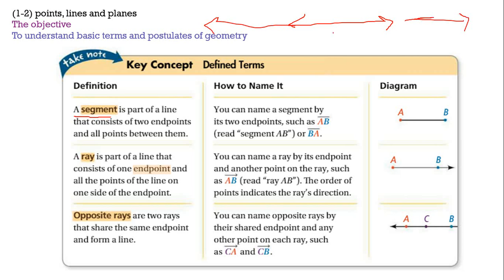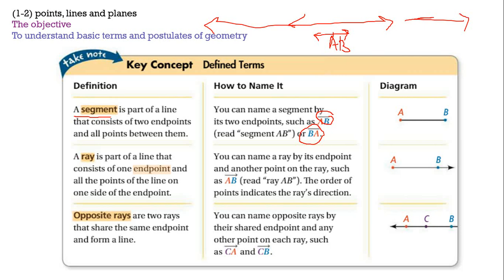So a line we represent by writing AB, for example, with an arrow on top, while for a segment there is no arrow on the top. Same thing, you can change the order, AB and BA.